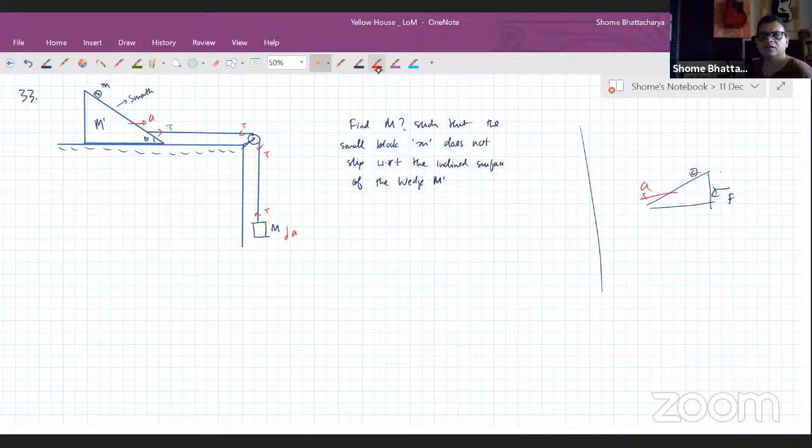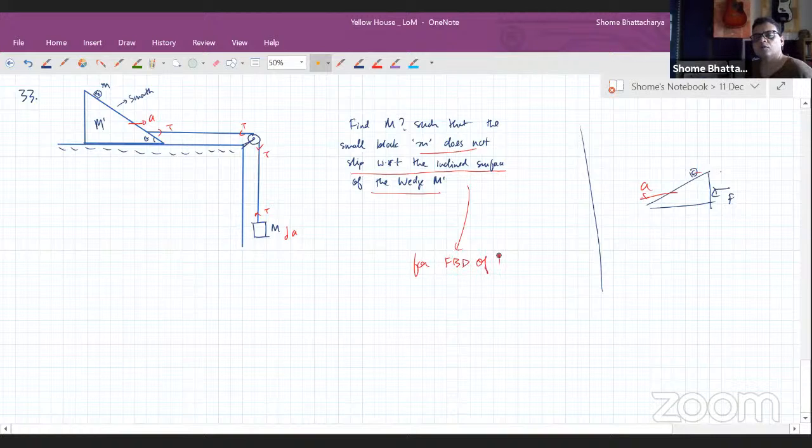So what we have to understand here is this main thing, that small m is not slipping with respect to the inclined surface. So what this means is that for the FBD of the block small m in the non-inertial frame of the wedge m prime, what should happen?